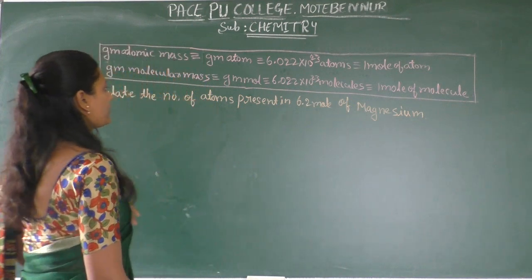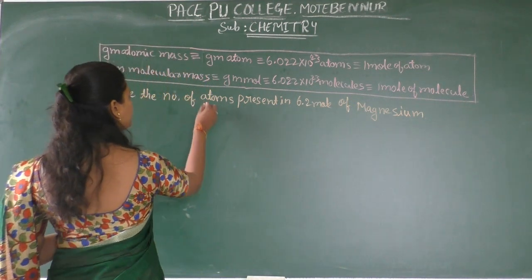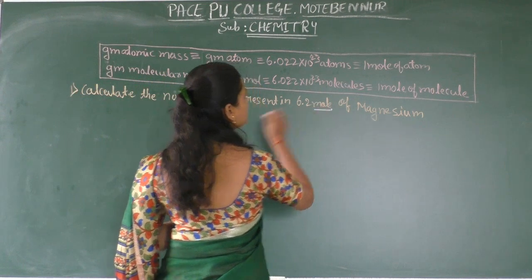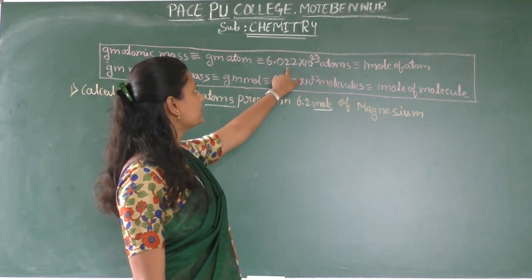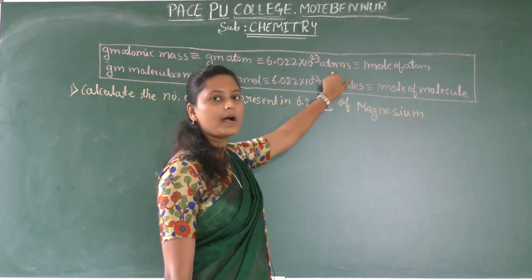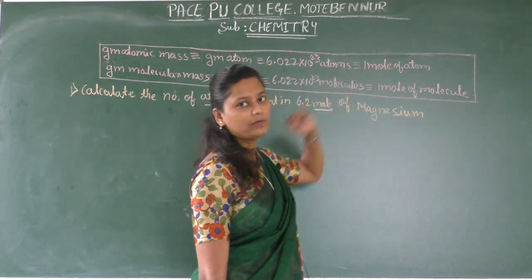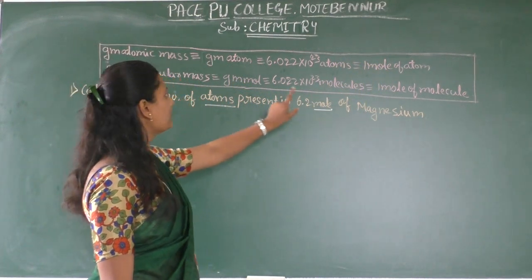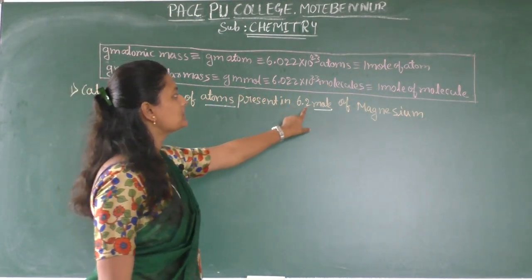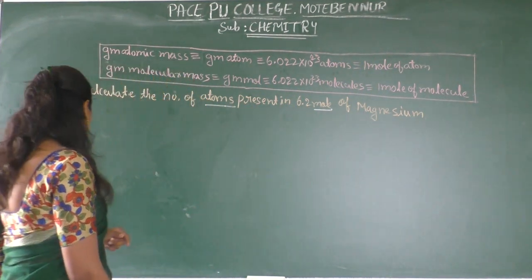magnesium. Okay, so we already know the relation between atoms and moles. So what is the relation between atoms and mole? So here 6.022 into 10 raised to 23 atoms, that is nothing but the 1 mole. Okay, so here we have to find out the total number of atoms which are present in the 6.2 moles of magnesium.